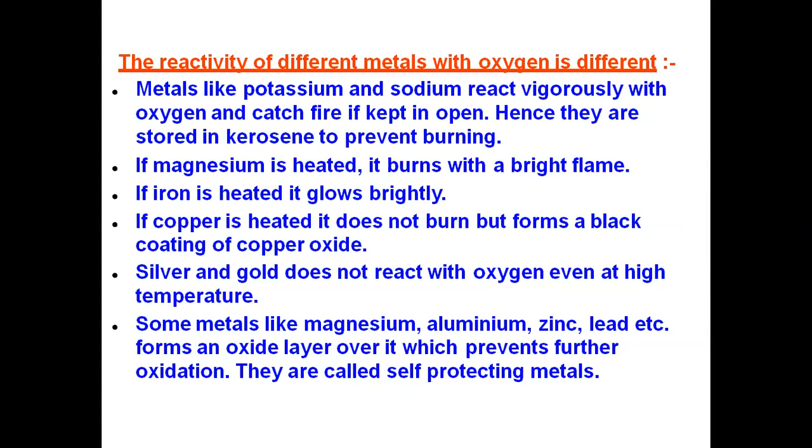That aluminium oxide, once formed, does not allow the aluminium to undergo further reaction. So the layer of oxide formed on the surface of a metal is called a protective layer. It protects the metal from further reaction.